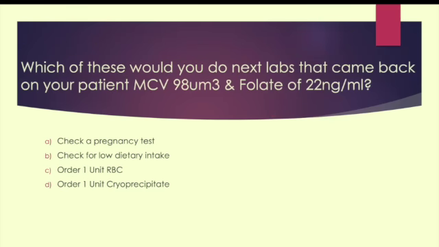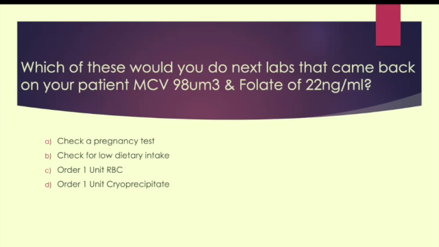Which of these would you do next for labs that came back on your patient with an MCV of 98 and a folate of 22? So MCV 80 to 100 is normal, and then folate is 100 or greater for normal, I believe.